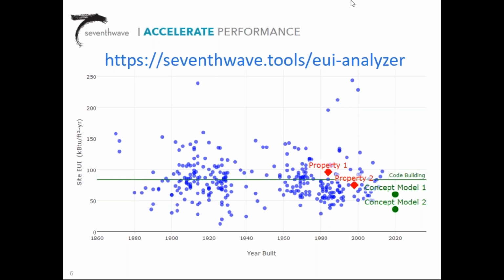But really, we're using this existing benchmarking data to highlight the issue that we have in the industry, which is that we're not really designing better buildings than we have been over the last 100 years.